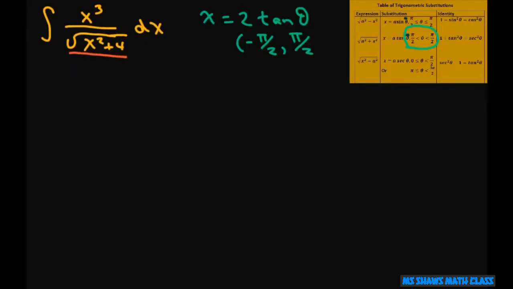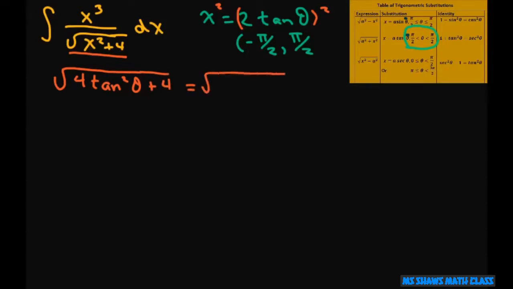So if x is 2 tan of theta, this bottom part of the denominator, if you square this, because we want x squared, that's going to be 4 tan squared of theta plus 4. So if you factor out the 4, you're going to get 4 times tan squared of theta plus 1.